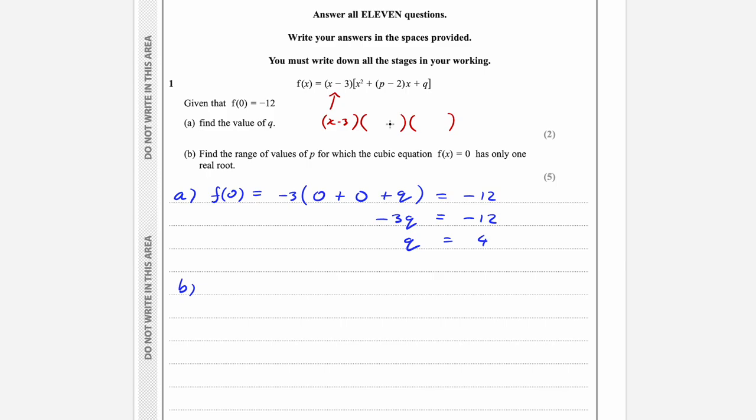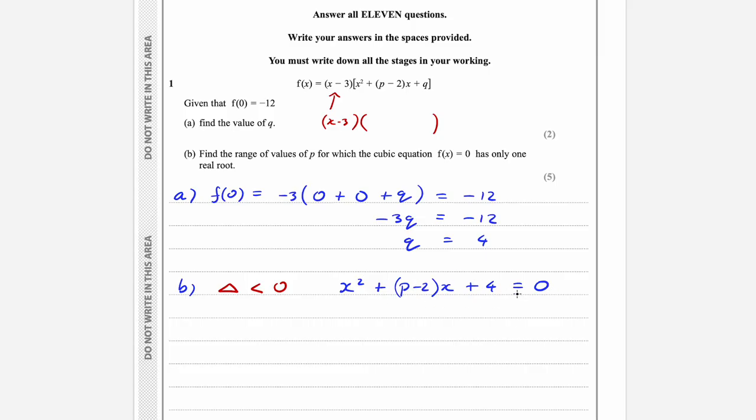So this equals 0, or this equals 0. What I need is this quadratic, this bit, to have no roots. And how does a quadratic have no roots? It's when the discriminant is less than 0. So let's write out the quadratic: x squared plus (p minus 2) x plus q, but that's now 4, equal to 0.